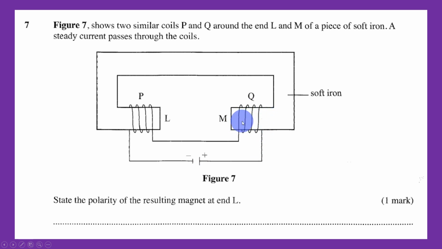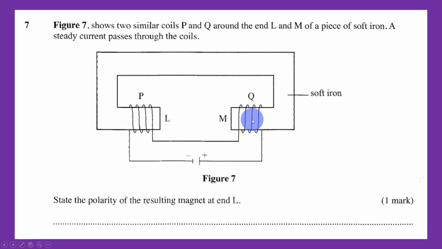When you use a right hand grip rule, you'll be able to see that a south pole is formed here. You follow that particular current and you can see that when it comes here again, current goes upwards. And when you use again the right hand grip rule, you'll be able to see that a north is formed here and a south pole formed here.